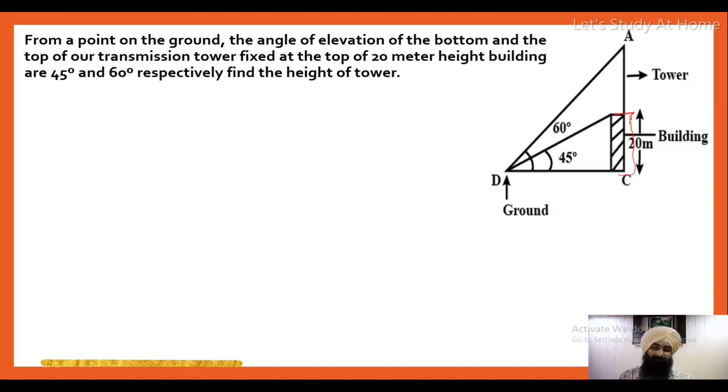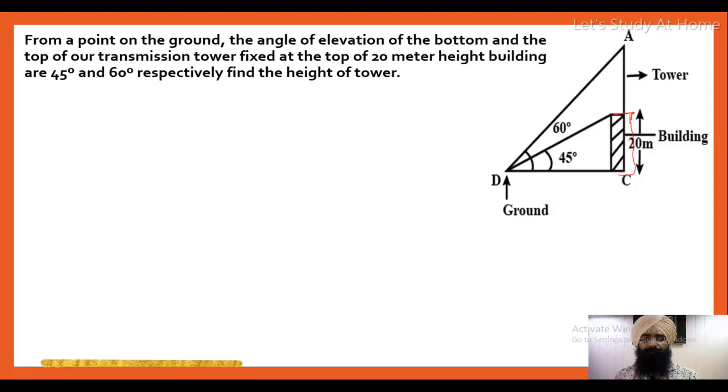Firstly we were given the height of the statue, now we have been given the height of the building. That is the difference. Students, don't feel bored because the video may be a bit long, but each and every question you will clear very deeply with very clear diagrams.